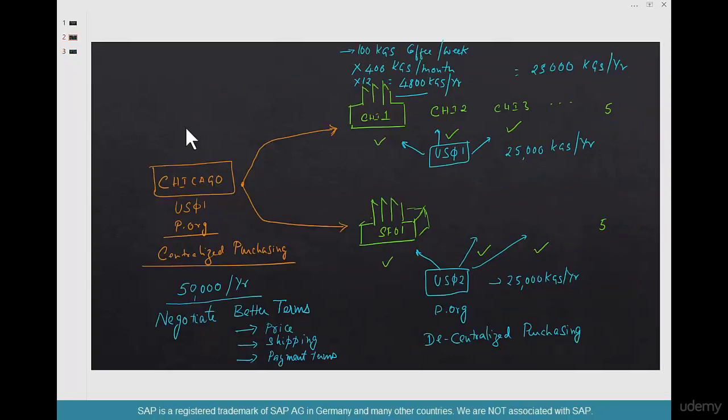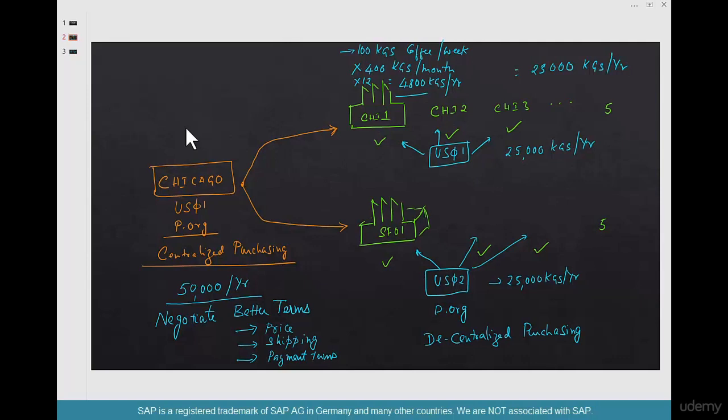So let's quickly go through what we have learned here. Our business has been growing, and we have started putting more plants in Chicago, meaning more coffee shops in Chicago. And there could be another purchasing manager sitting in the San Francisco plant, procuring for the San Francisco shops, and another one for the Chicago shops.